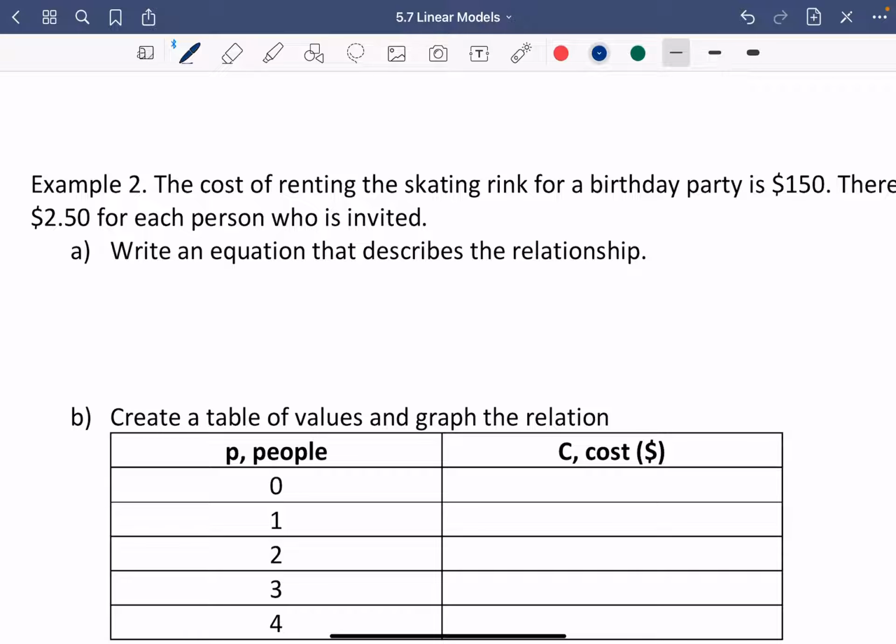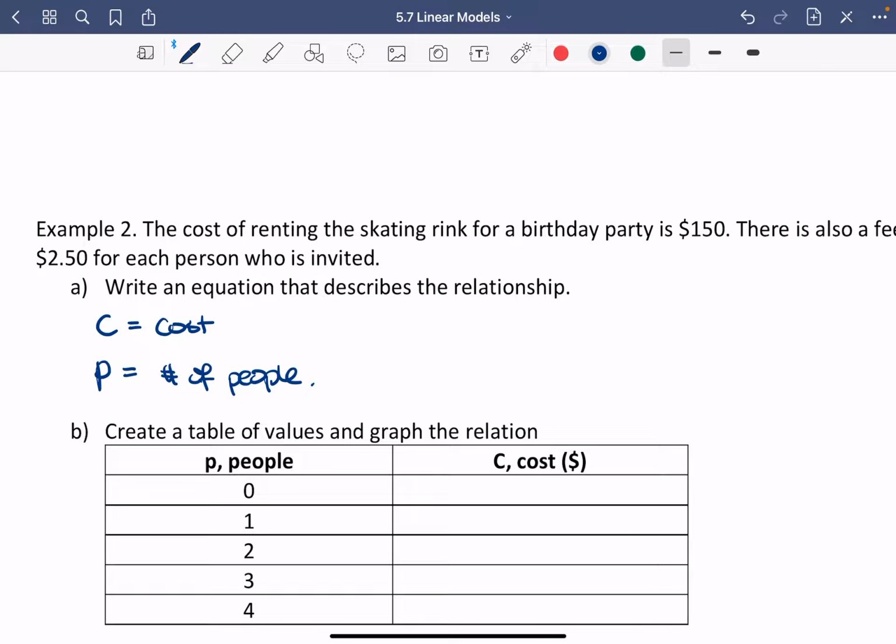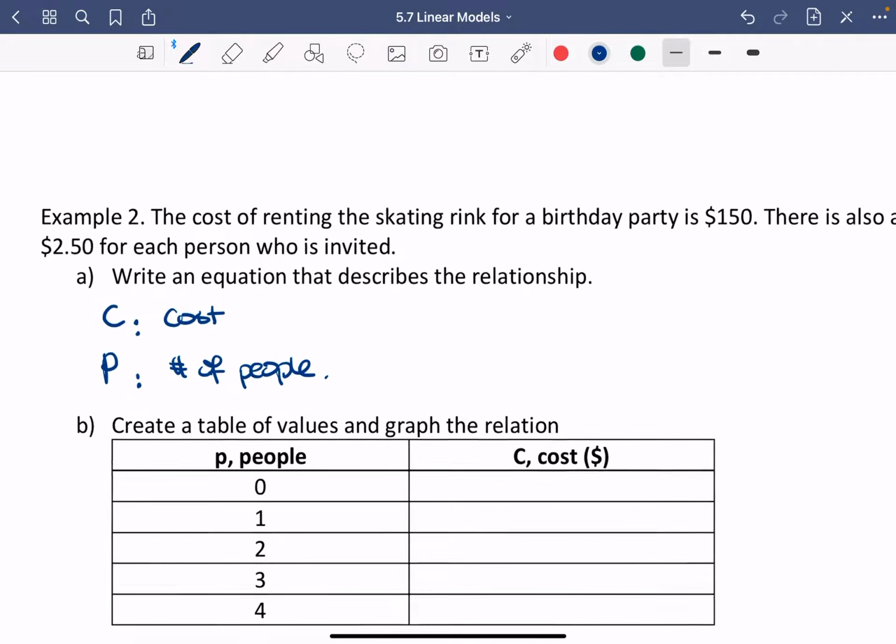If I let C be the total cost, and let P be the number of people, then what will my equation look like?